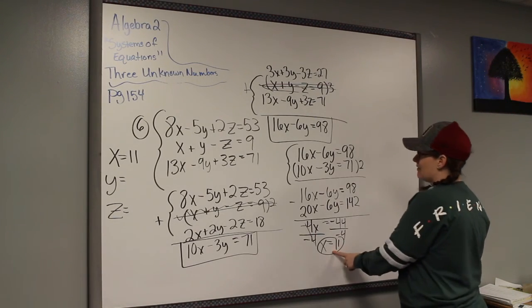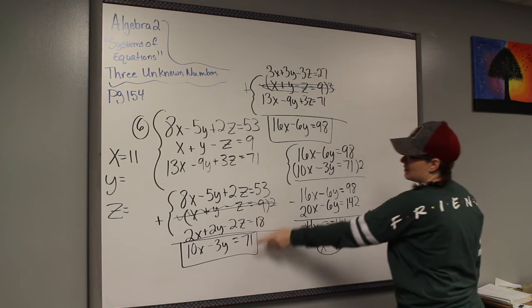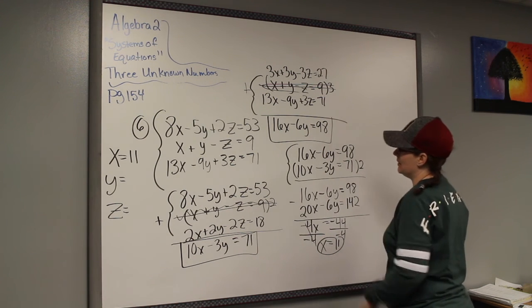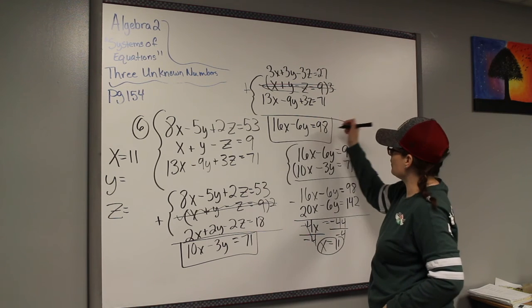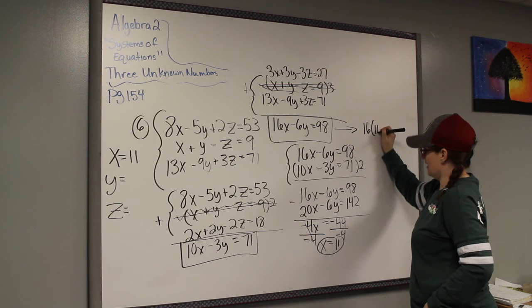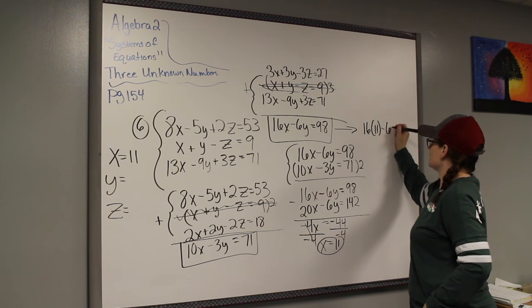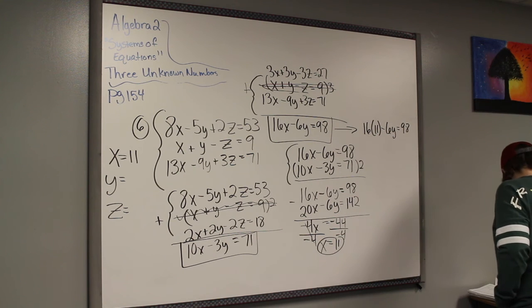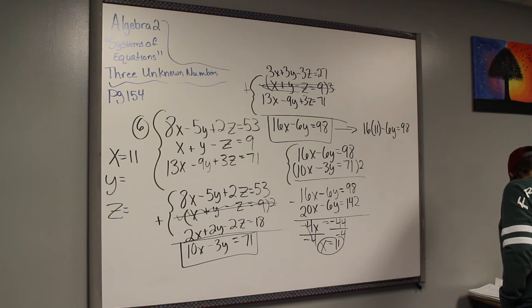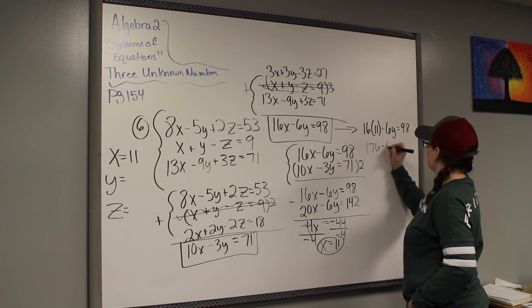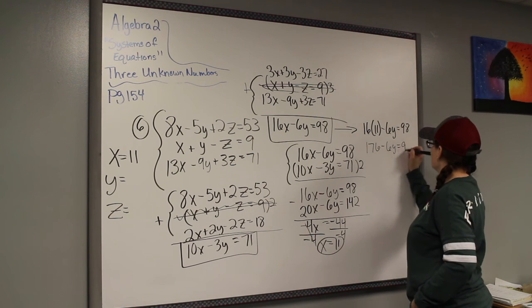Alright, so now that I have this, I'm going to go back in one of these equations, plug in x, and solve for y. So if I go into this one, and I do 16, and then x is 11, minus 6y equals 98. So 16 times 11 is 176, minus 6y equals 98.